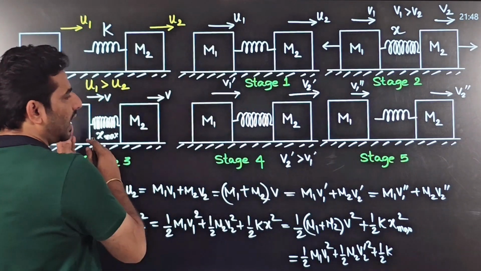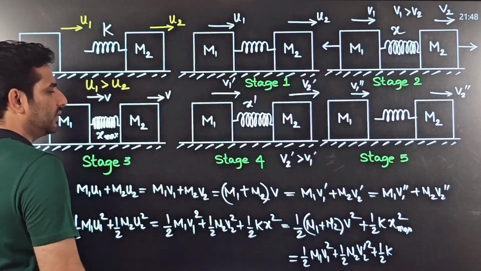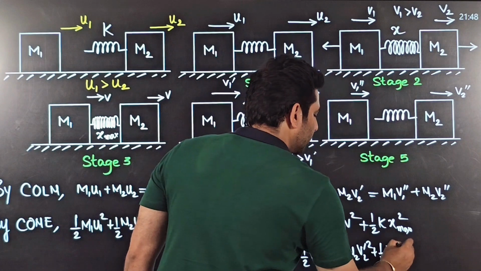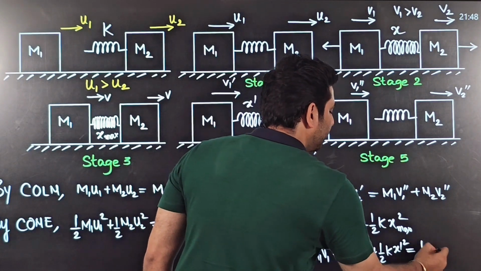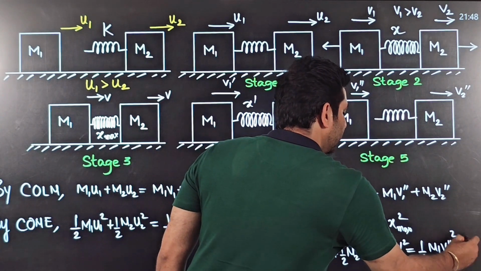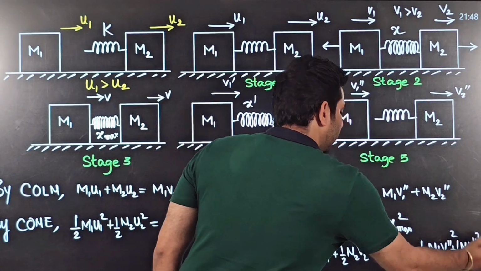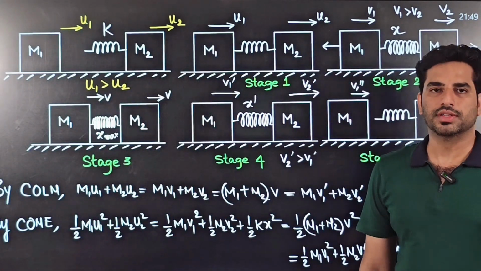So the compression starts decreasing from stage 3. The compression is x dash, which is less than x max. So there is some spring potential energy, that is equal to finally half m1 v1 double dash square plus half m2 v2 double dash square. This is conservation of mechanical energy on the system.